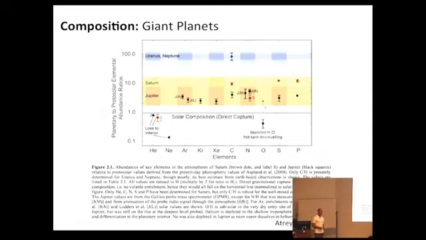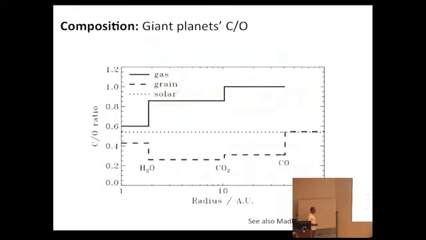Well, we don't know them really for the solar system, but I emphasize that if we take the Galileo entry probe measurements at face value, the C to O ratio for Jupiter is 3. So dramatically different than the solar abundance pattern. And this has important ramifications for the formation of these objects.